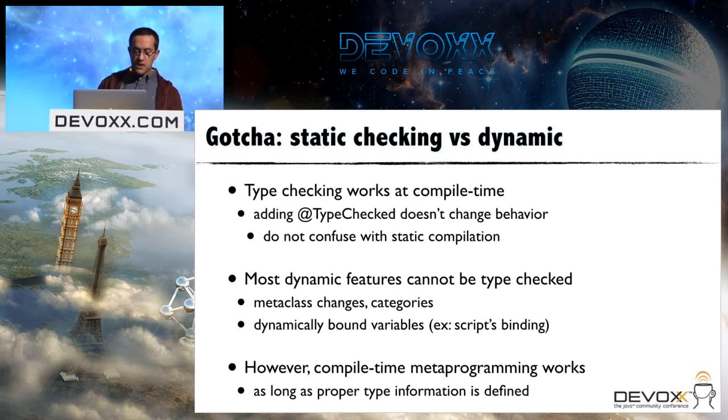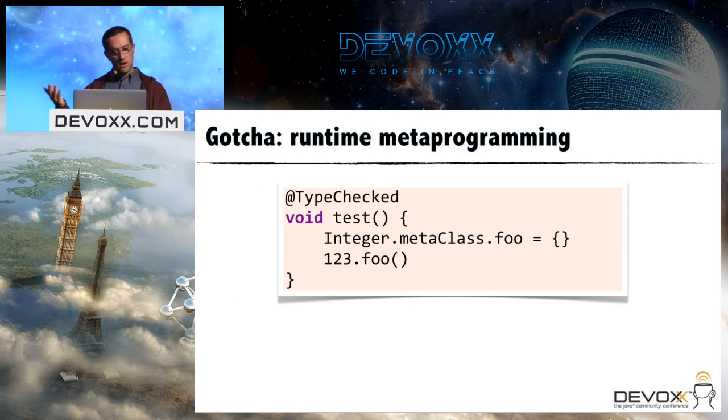However, all the things like the AST transformations, like the extension methods from the extension modules that I presented earlier, because it's about compile-time metaprogramming, although it's pretty dynamic, this is obviously supported with static type checking and, of course, static compilation.